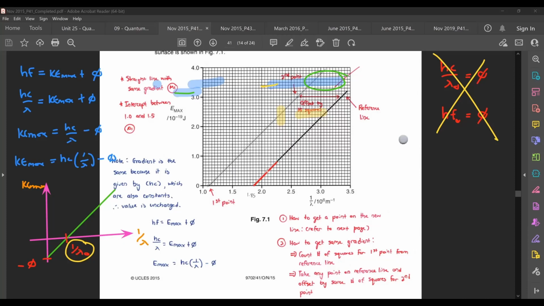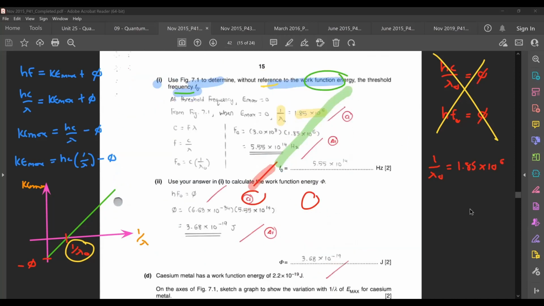This was your original line over here. Just extrapolate the line so that it touches your x-axis. This 1 over lambda naught is 1 over lambda because the axis is 1 over lambda. So this 1 over lambda naught is 1.85 times 10 power 6.